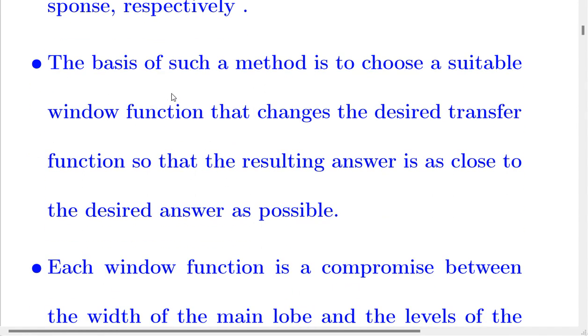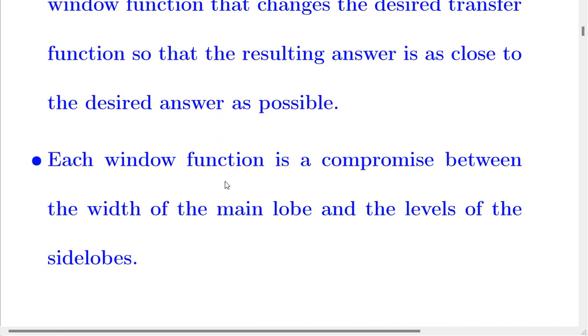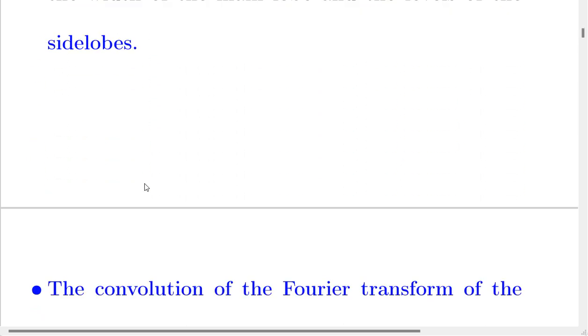The basis of such a method is to choose a suitable window function that changes the desired transfer function so that the resulting answer is as close to the desired answer as possible. Each window function is a compromise between the width of the main lobe and the levels of the side lobes.